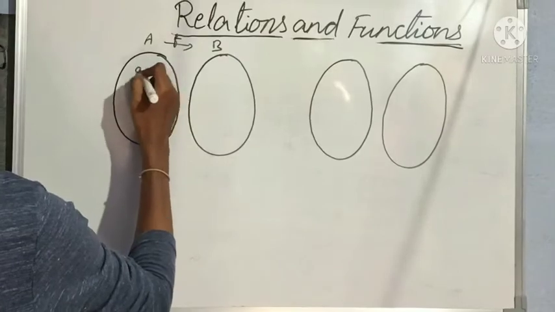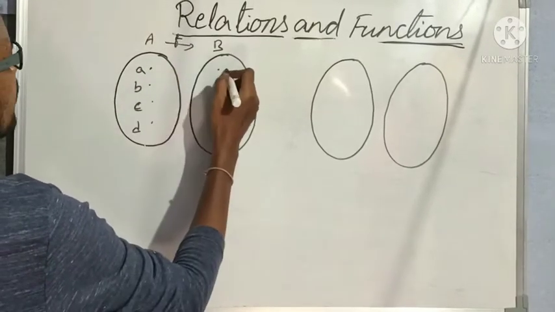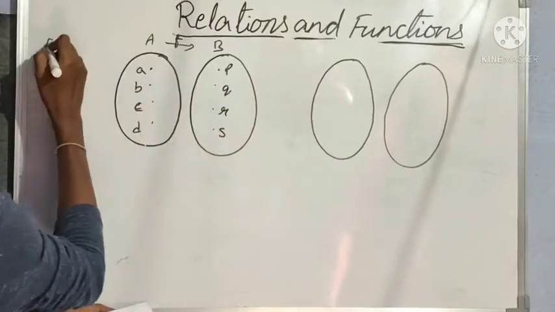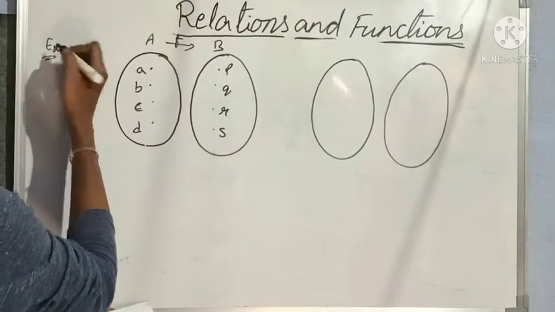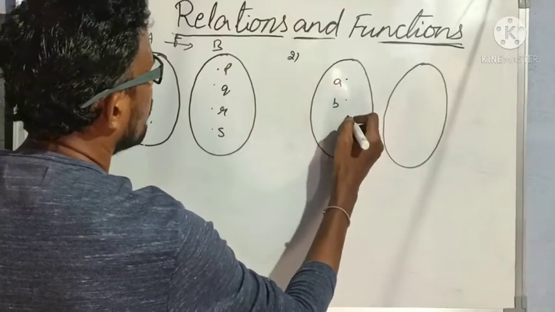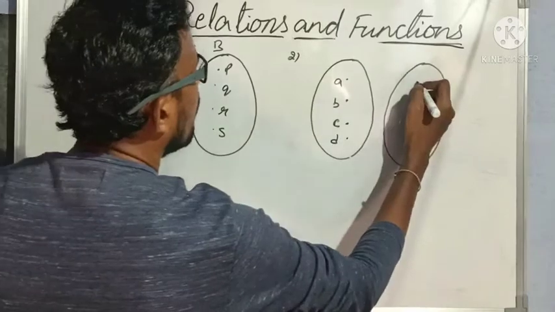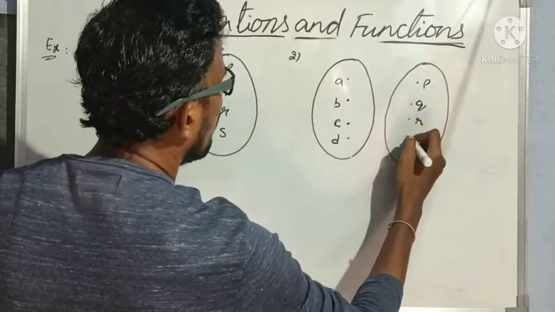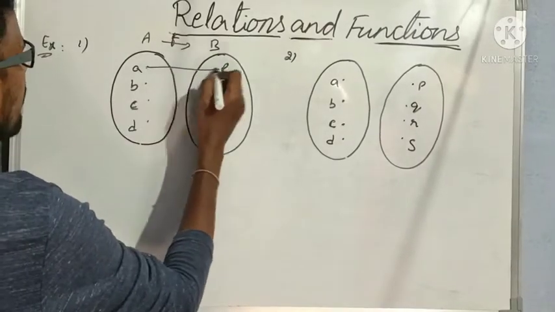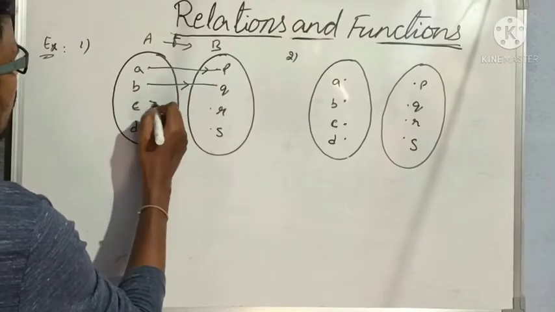What are the elements? A, B, C, D and P, Q, R, S. First example and second example, same A, B, C, D and P, Q, R, S. Now I will map every element of A with an element of B like this.